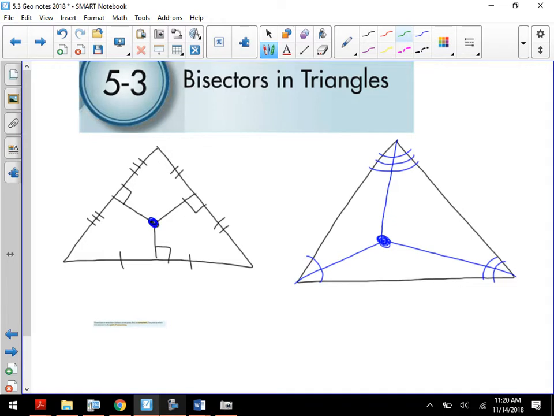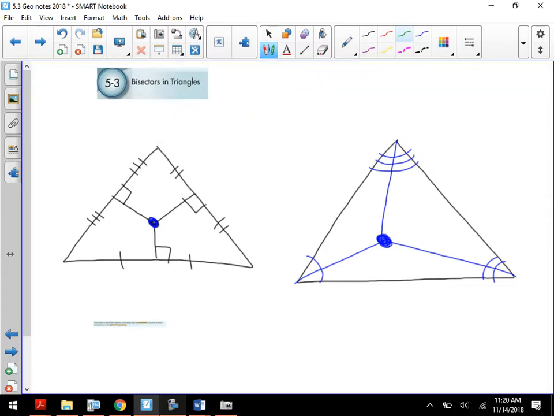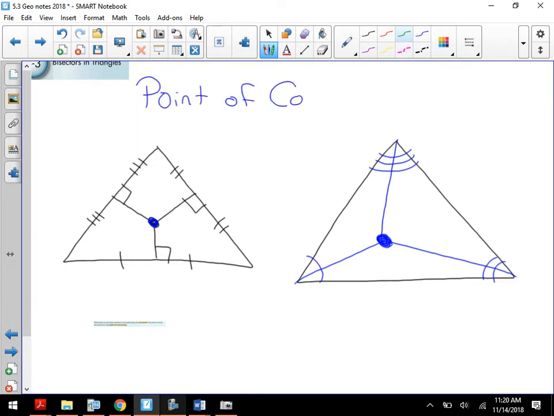These 2 points, they have names. Okay? When you have 3 or more lines intersect at one spot, it's called a point of concurrency. Point of concurrency.